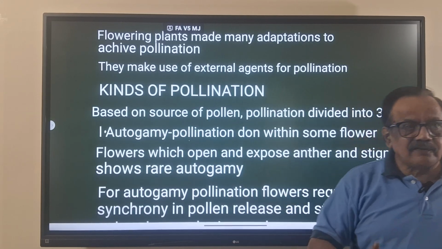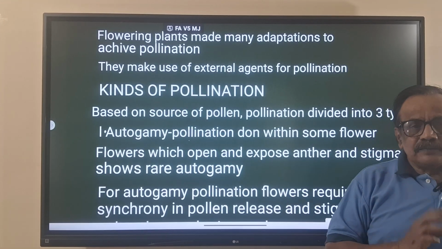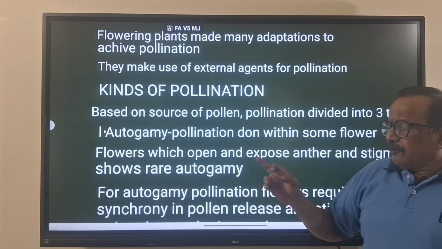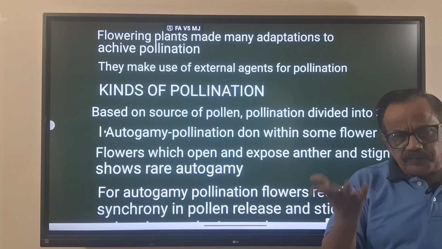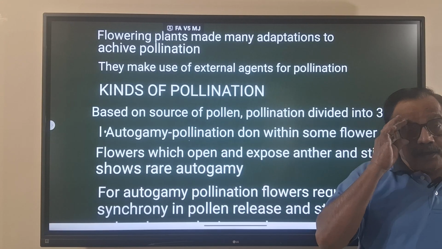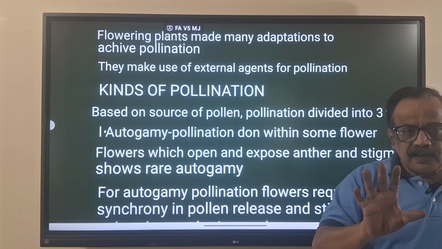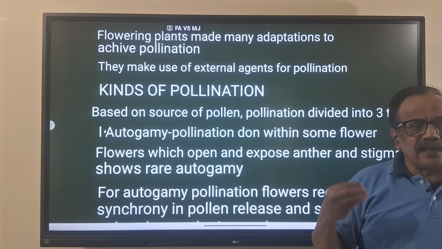But here he has given one of the most important points, that is, when flowers open. Generally, they open for the purpose of pollination. If they open, pure autogamy is very rare.